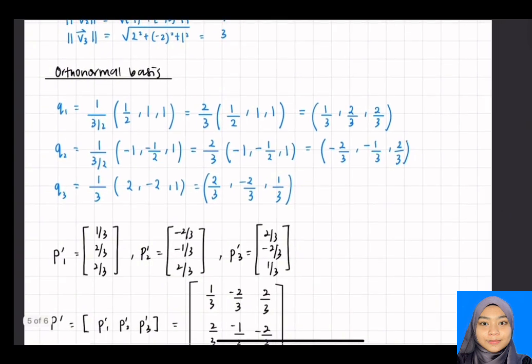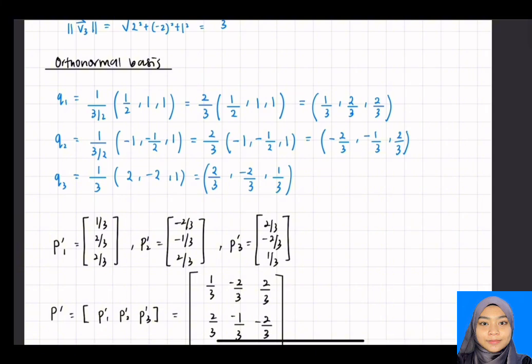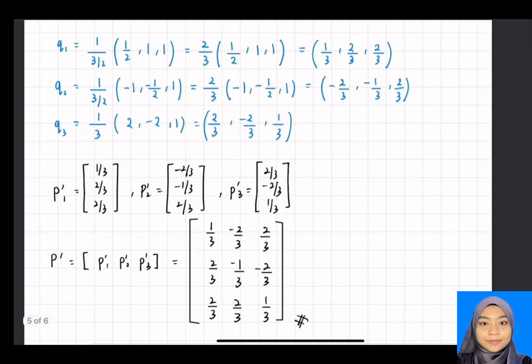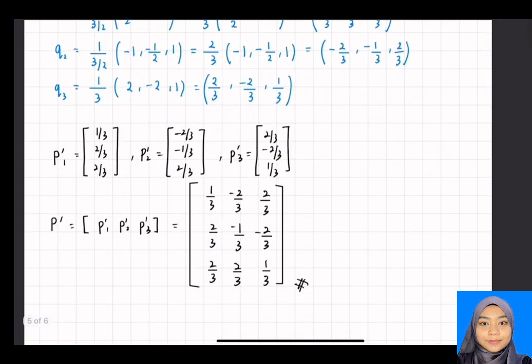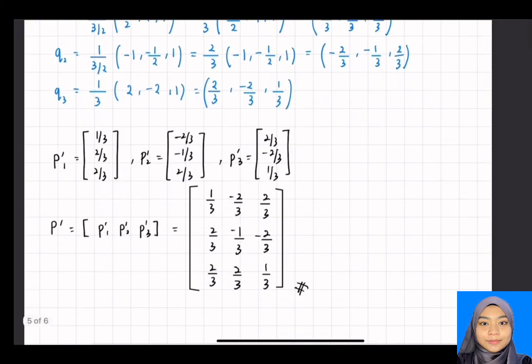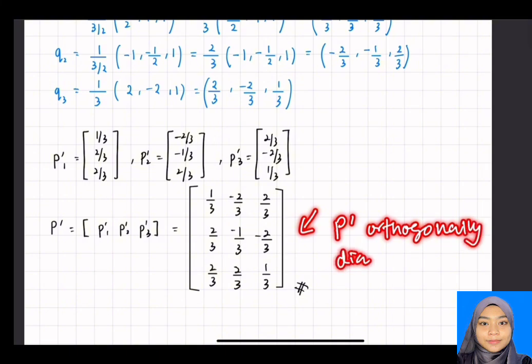When the norm is not equal to 1, we normalize them by multiplying the reciprocal of the norm with the element itself. Then we got our orthonormal basis. Lastly, we write our orthonormal basis in the matrix form. And we gain that P prime that orthogonally diagonalizes A.